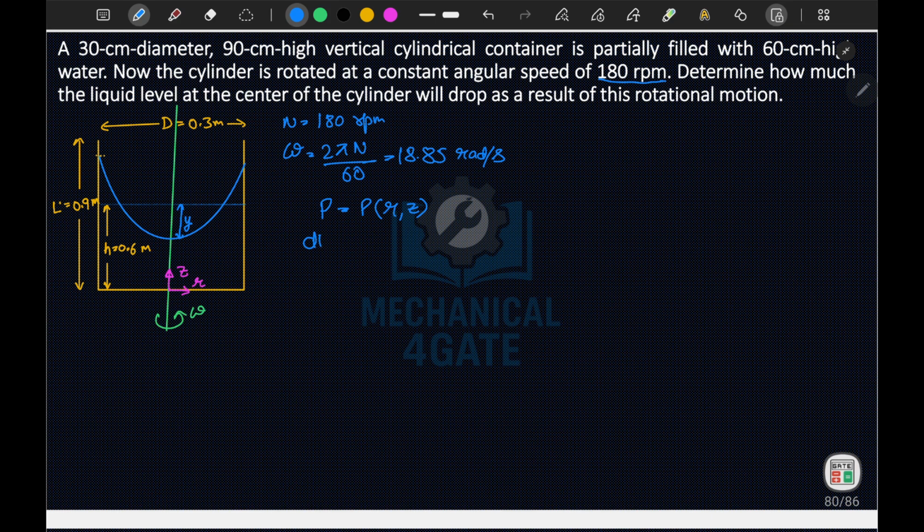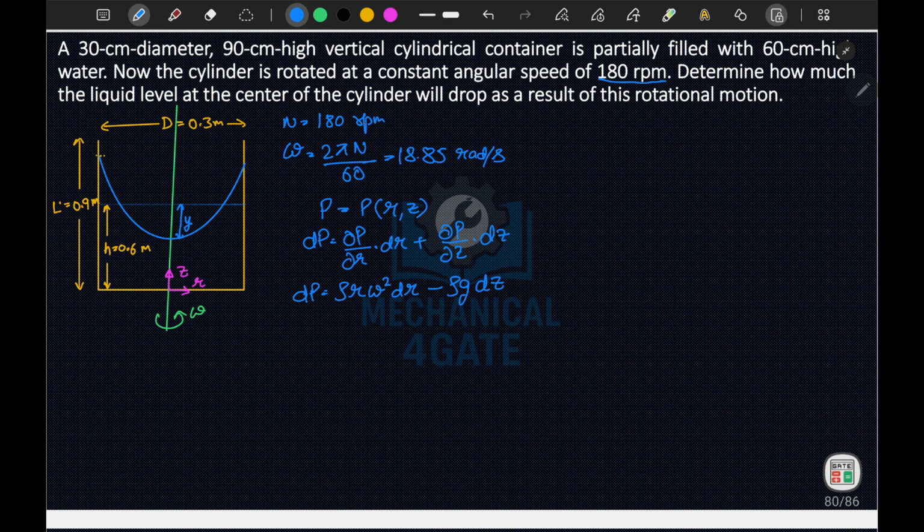Okay, so dp is equal to del p by del r times dr plus del p by del z times dz. Now I can write the value as dp is equal to rho r omega square dr minus rho g effective, so g effective will be g here, times dz.